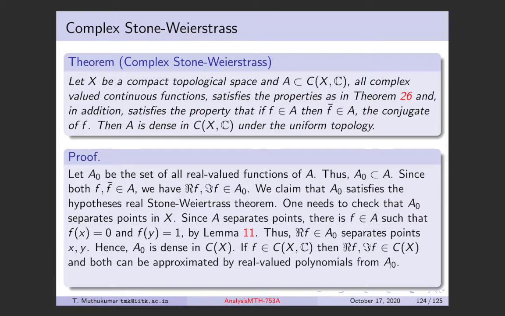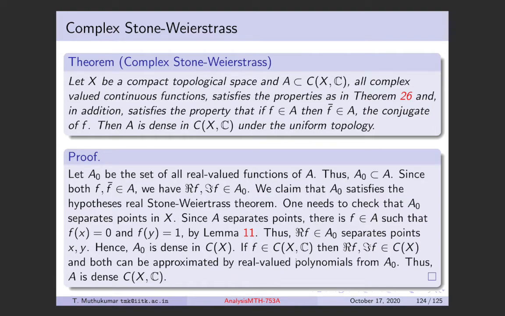So f can be written as the real part of f plus i times the imaginary part of f. Both of these can be approximated by polynomials from A0, which means that f can also be approximated by polynomials which are complex valued, right?